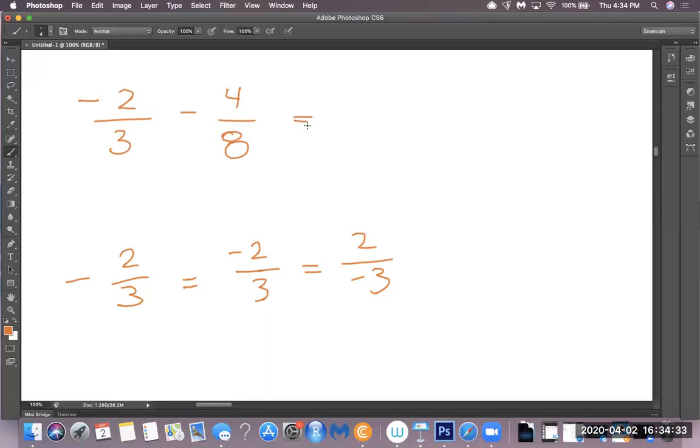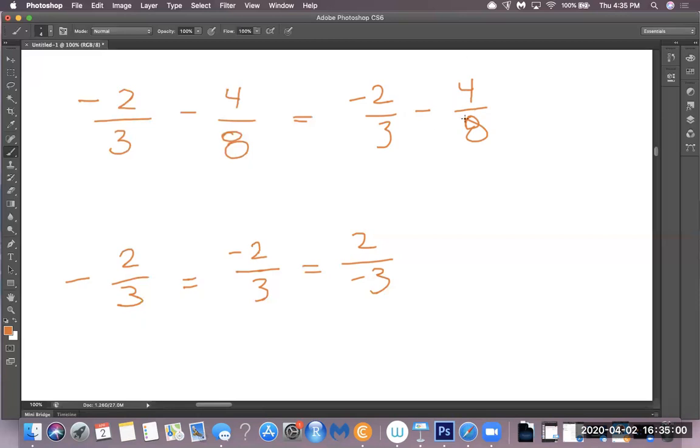Now the same thing goes with the -4/8. Now, this one is tricky because this is not just a negative in front of the 4/8. This is a subtraction. So for subtractions, it's best to leave it in the middle. So -2/3 and then write 4/8. But again, it still does not change what the number is.